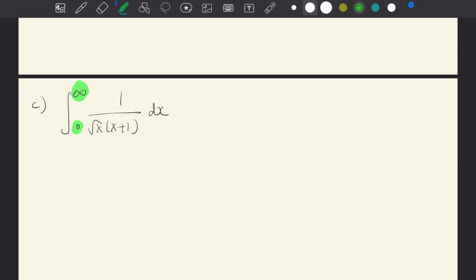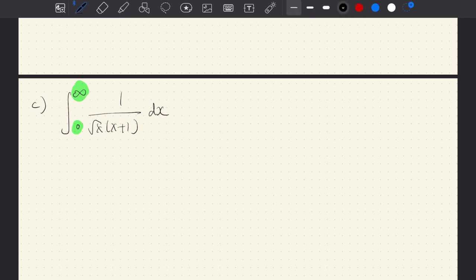The infinite discontinuities for this function are at 0 and negative 1, but because we're trying to integrate from 0 to infinity, within the range of integration the only infinite discontinuity that occurs is 0.